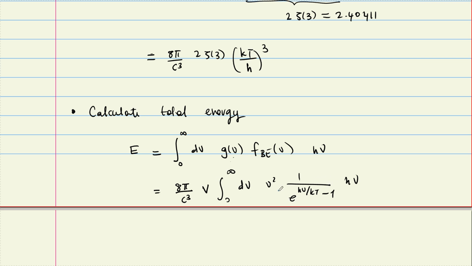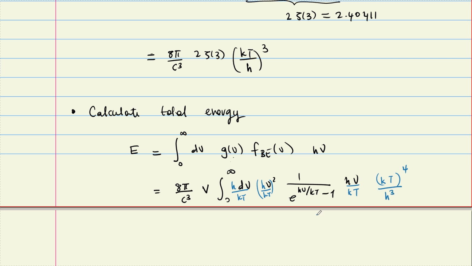So I'll do the same thing. I'll multiply this with h nu over kT, h nu over kT squared. There's already h here, so I'm just going to divide this by kT. And what I need to do is kT to the 4th divided by h cube, because I didn't multiply this one with h.